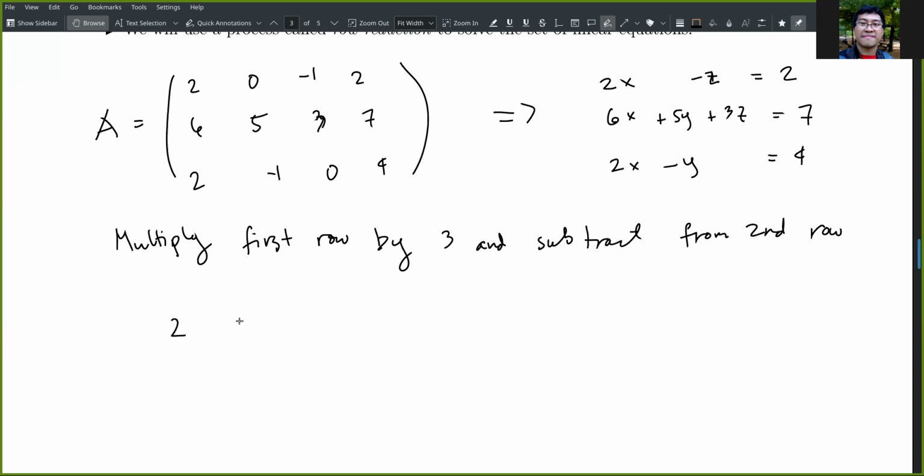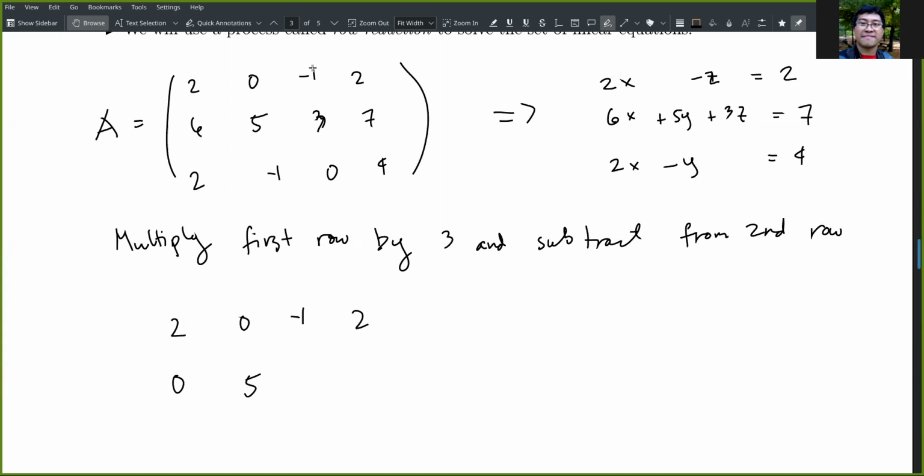So we keep 2, 0, minus 1, and 2. Multiply first row by 3. So we multiply, this becomes 6. And then subtract from second row. 6 minus 6, that's 0. 5 minus 0, that's 5. 3 minus a negative 3.